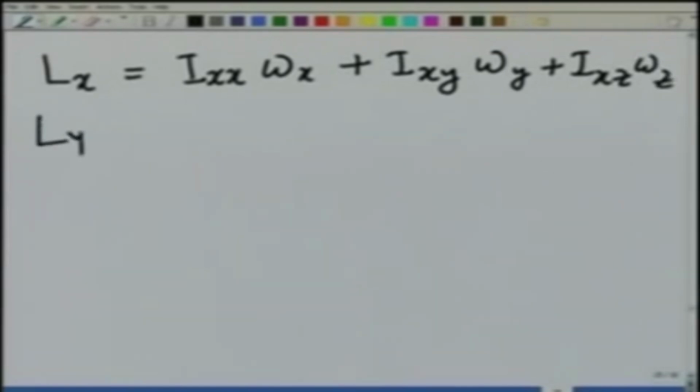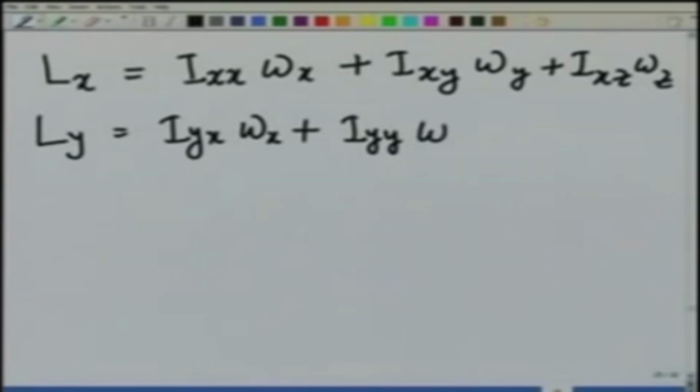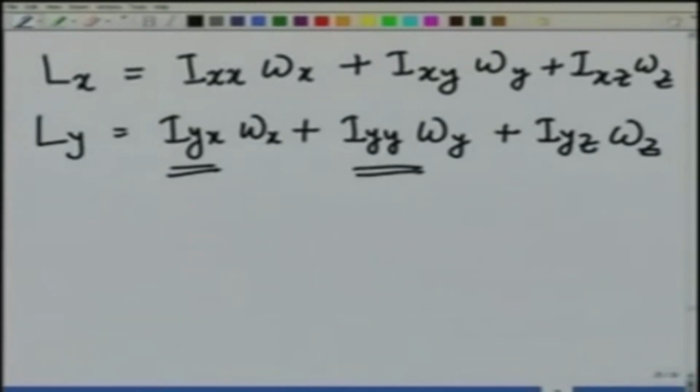Similarly, Ly would come out to be Iyx omega x plus Iyy omega y plus Iyz omega z, where Iyx is again a product of inertia involving mi, yi and xi. Iyy is the moment of inertia about the y axis, and Iyz is the product of inertia involving y and z.